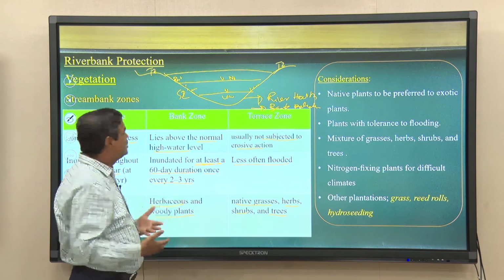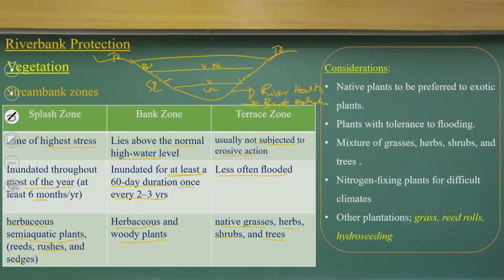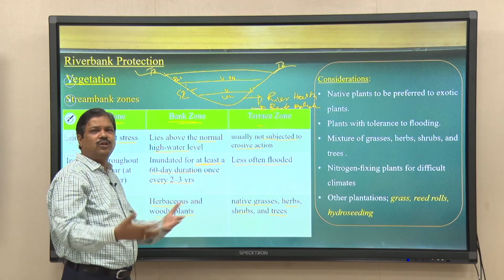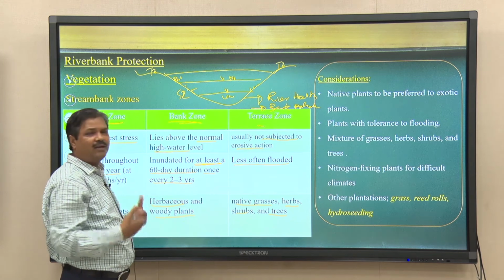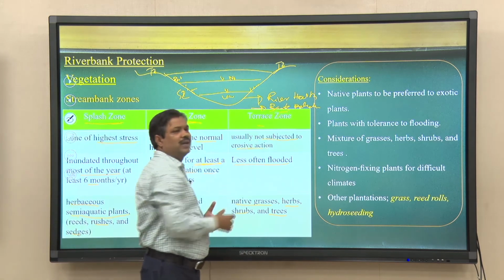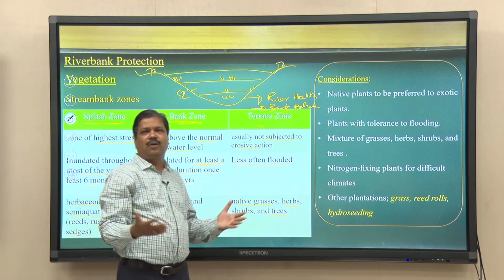In those regions we can plan different types of vegetation like a splash zone, bank zone, terrace zone, and make the river ecosystem closer to natural conditions, and by that we can improve the river health and also protect the river bank.